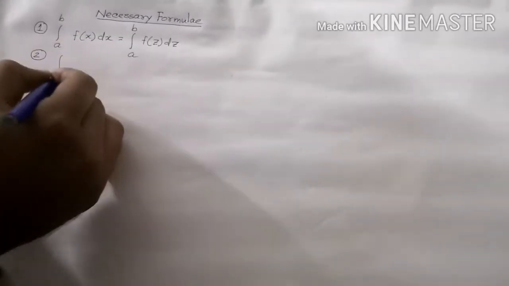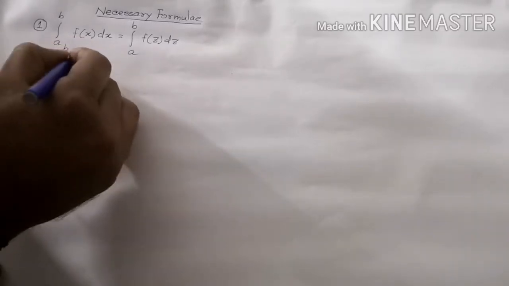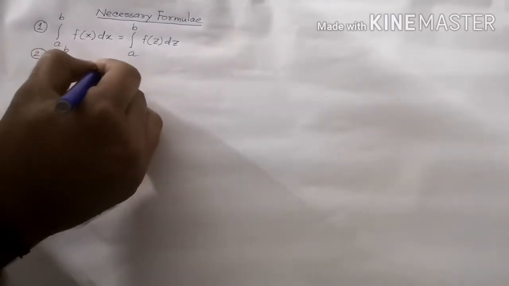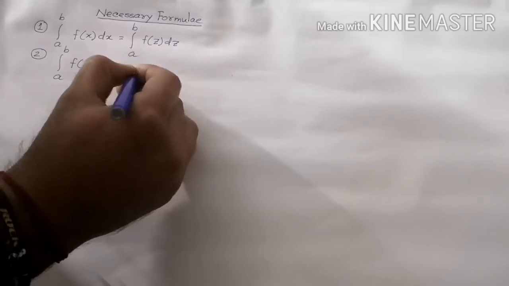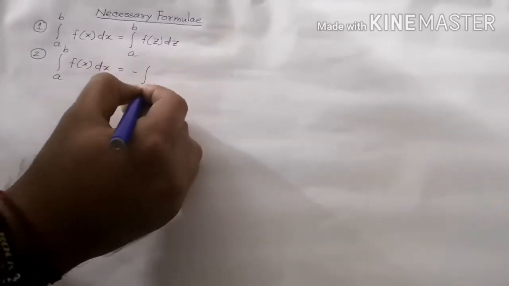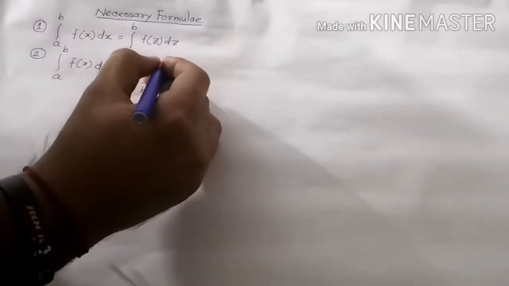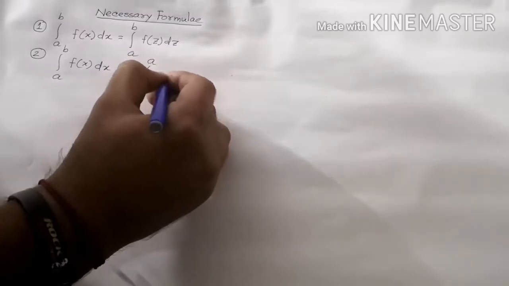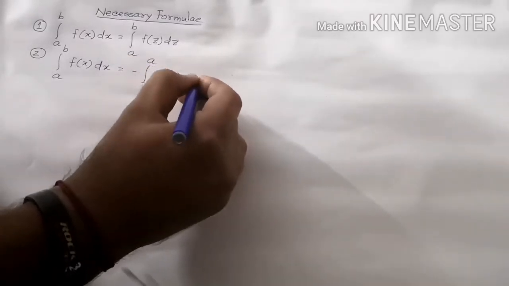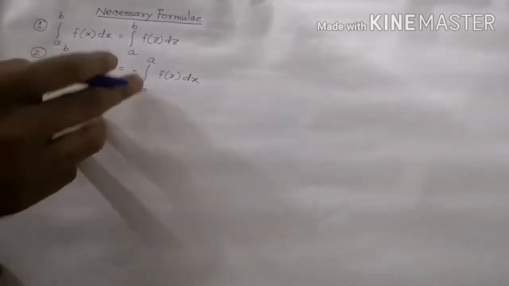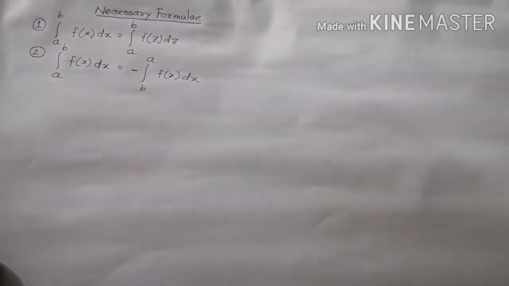The second equation: integration a to b f(x) dx equal to minus integration b to a f(x) dx. Here we have changed the limit, so there is a negative sign.